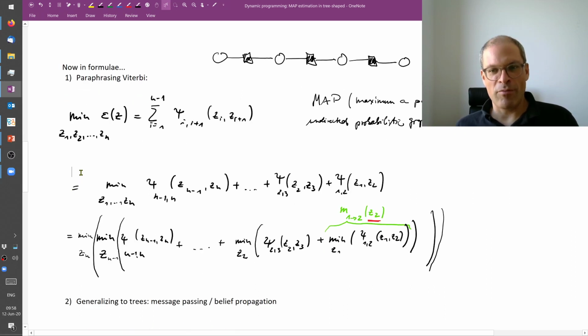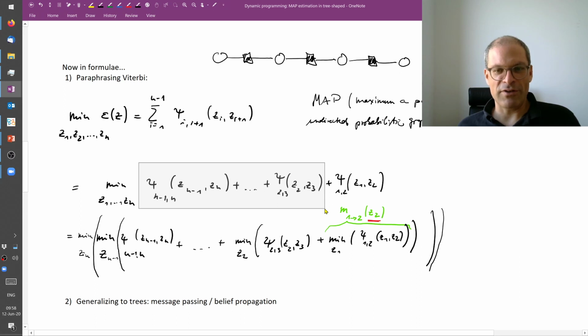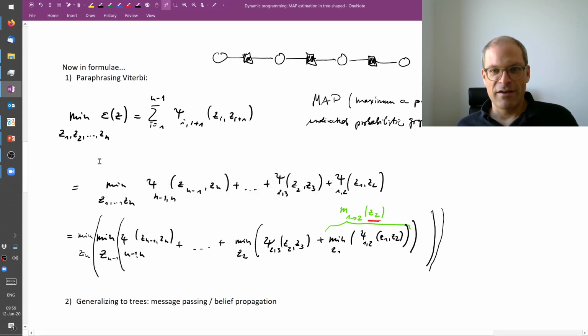Now, this minimum operation here, it distributes. So in particular, if I want to minimize over Z1, I don't need to take these factors into account because they don't have Z1 in the argument at all. So I can push in, if you like.